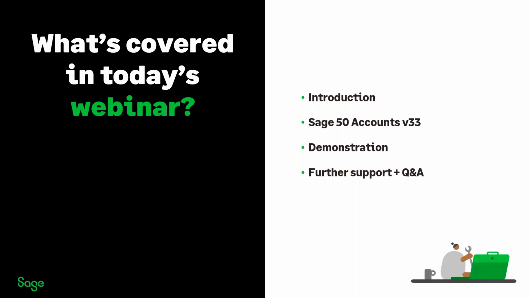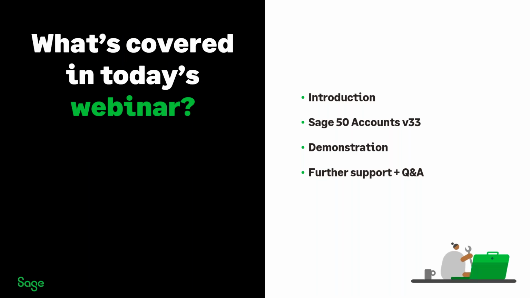We'll then run through the demonstration for today's session, looking at steps 1 and 2 of the VAT Return Wizard, and hopefully filling you with a bit of confidence that maybe it's not as bad as you thought it was going to be. They're really logical steps when it comes to generating your VAT return. And then right at the end, I will explain a little bit about further support, and then open up to any questions that we might have outstanding. If we don't get a chance, we'll just drop you an email otherwise.